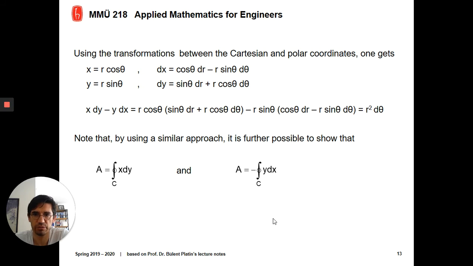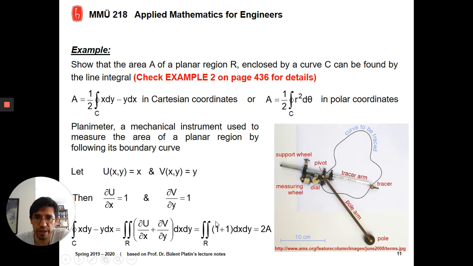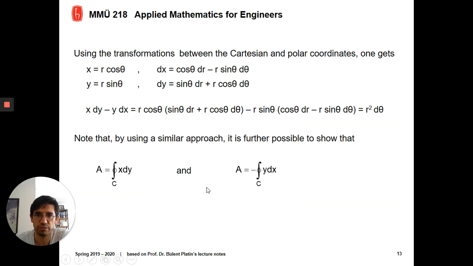I'm not going to deal with it, but one thing that is obvious is if this expression is 2A's, obviously these are sharing their halves. So my A is either this or that. So that's what I'm telling over here. Okay. And maybe if we do some questions in the homework or the exam, this will become more clear. So you can expect some questions from this point.